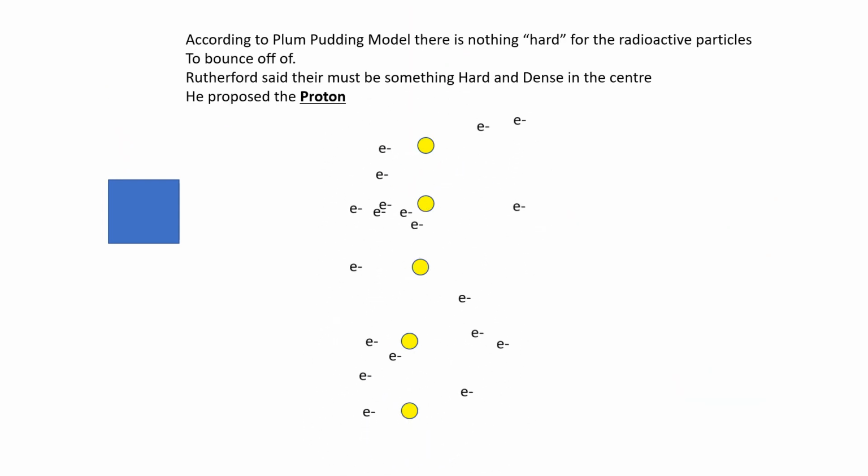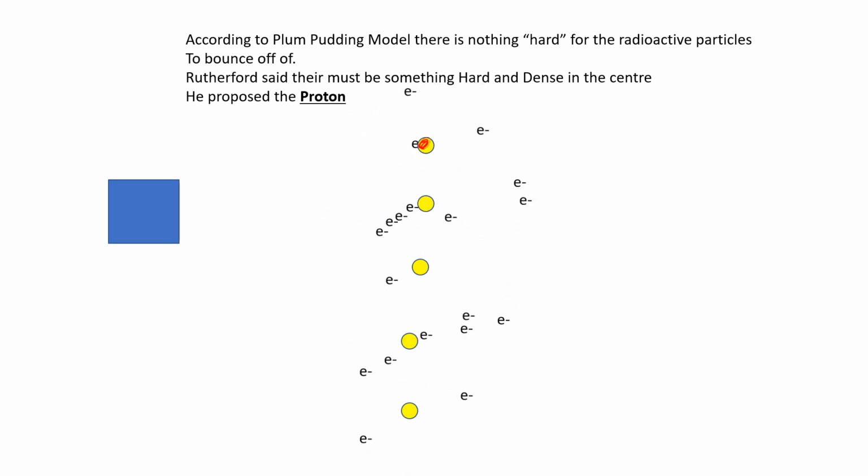He said that a gold particle has all of its positives in the center, and the electrons are just floating around the outside. Because, according to the plum pudding model, there is nothing hard for the radioactive particles to bounce off of. So Rutherford said there must be something hard and dense in the center, and he proposed the proton.